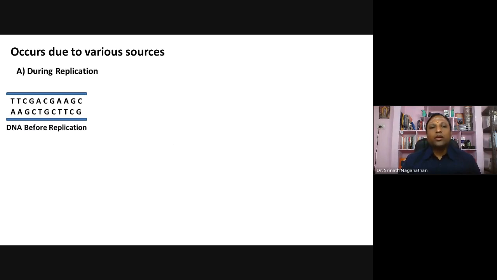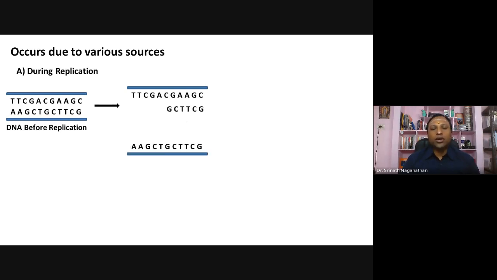Now, this is the DNA before replication. During replication, the strands get separated and have to be synthesized or elongated. Consider one of the strands that has separated. If during synthesis, in place of C, T is added, then that will lead to a mutation here.